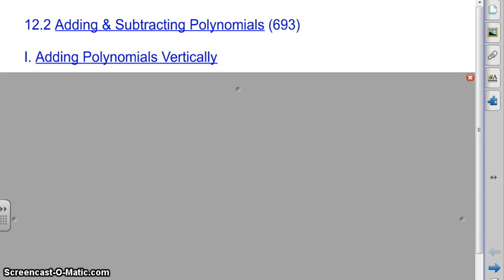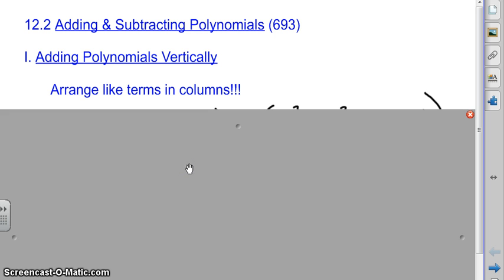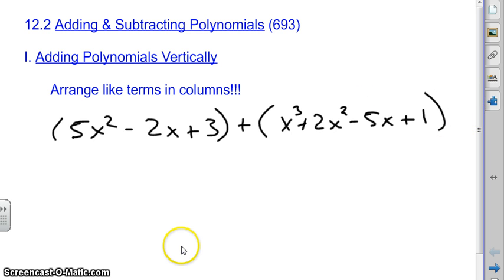Okay, so the little tip to adding polynomials vertically is arrange like terms in columns. That's the tip. So we want to be paying attention to which terms are like terms. The first expression has 3 terms, so we would call it what kind of a polynomial?